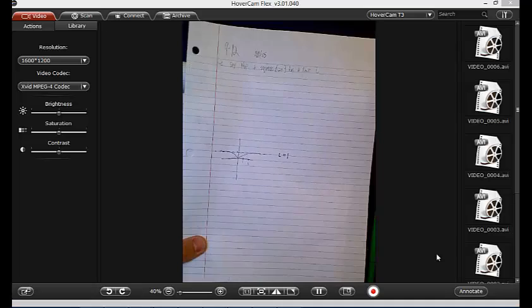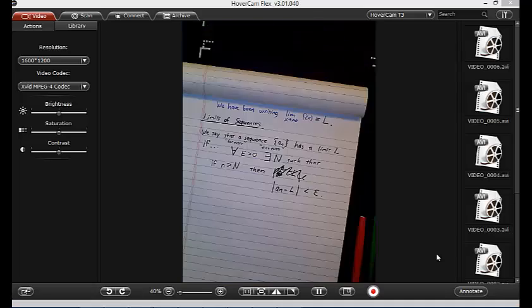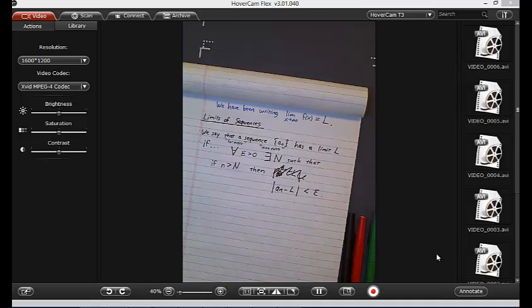The problem is, mathematicians started not being satisfied with this idea of limit. Because how close do you have to get to be close? And how soon do you have to get close to be close? And they started asking questions like this. Okay?